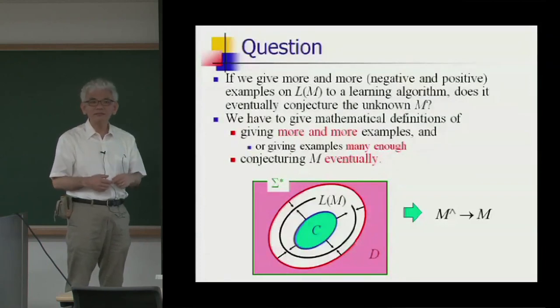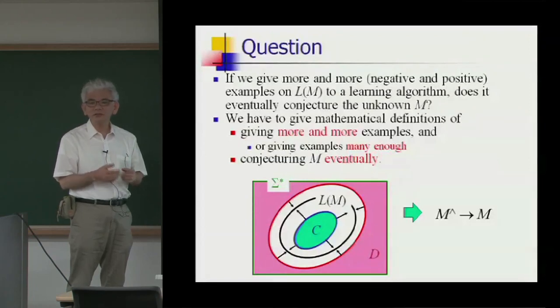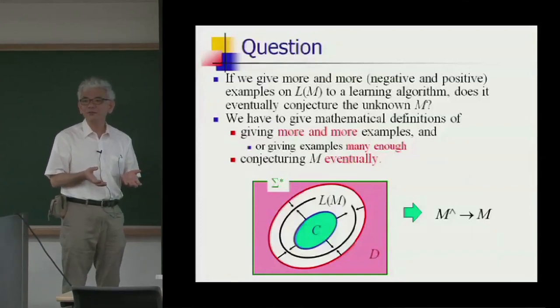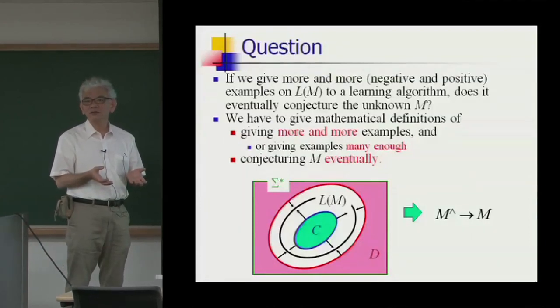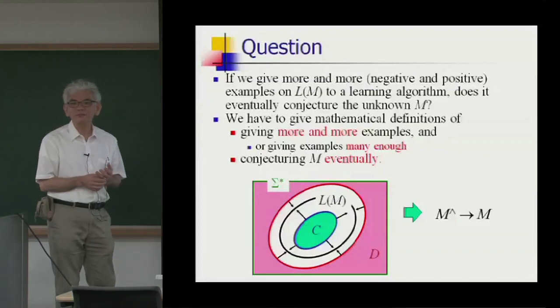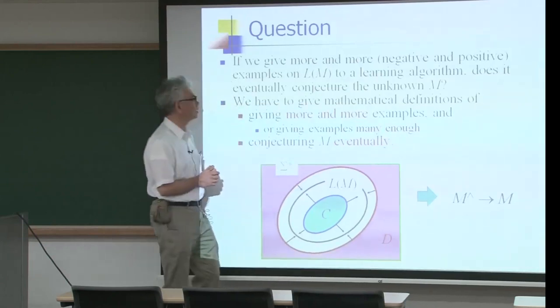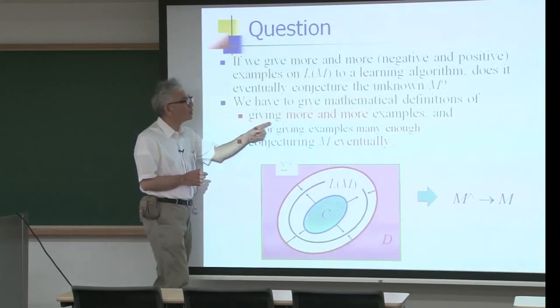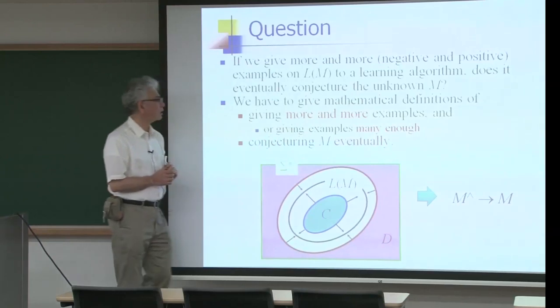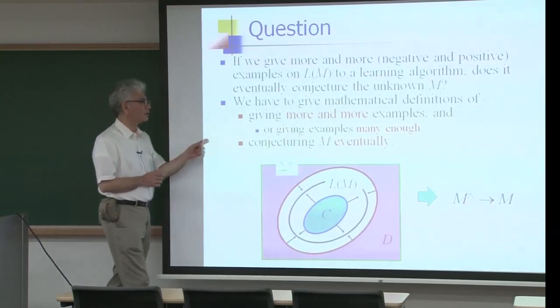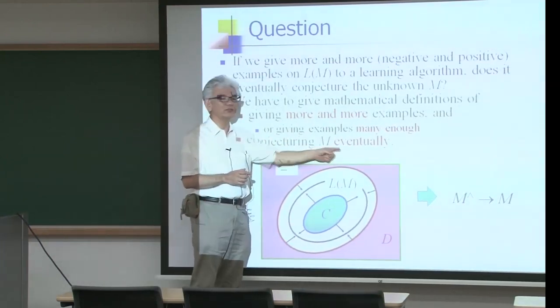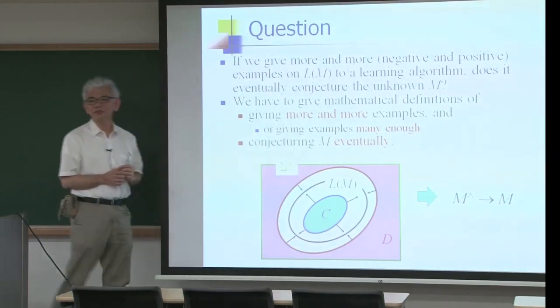Training, then does the learning algorithm eventually find or reach the correct answer or not? Then we have to give mathematical definitions of what giving more and more examples means, and what conjecturing M eventually or finally means.